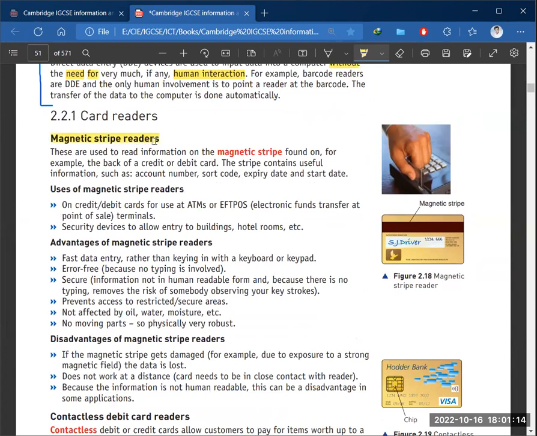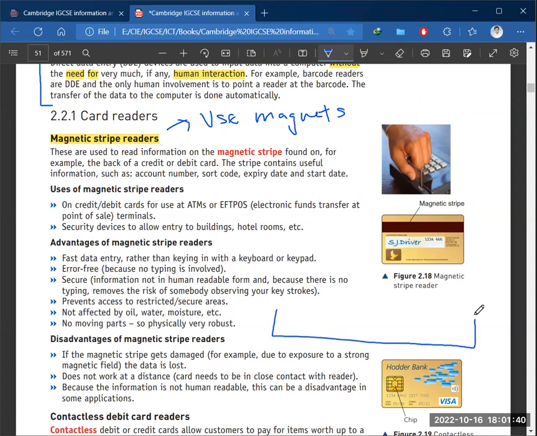Magnetic strip readers. First thing first, they use magnetic field, or use magnets. Let's just write: use magnets. All that information is stored on the magnetic strip.